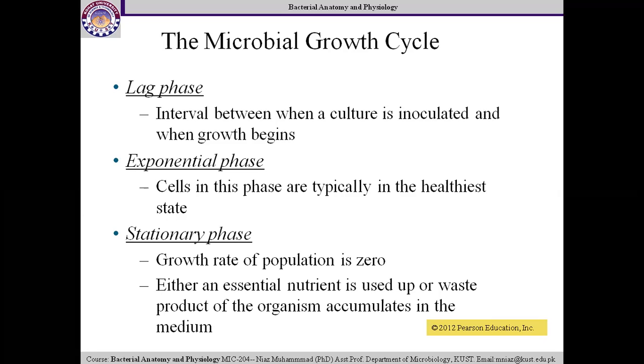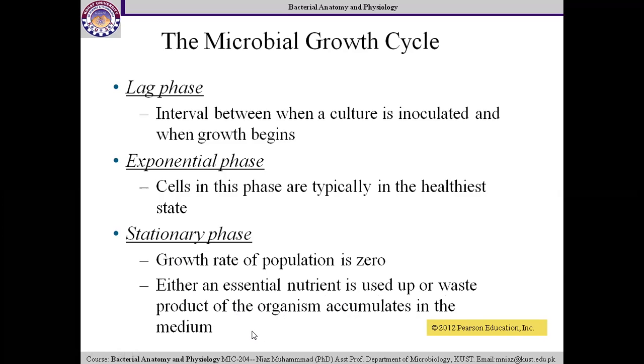Stationary phase. In stationary phase, growth rate of population is zero. Either an essential nutrient is used up or waste product of organism accumulated in the medium. Why is it zero?